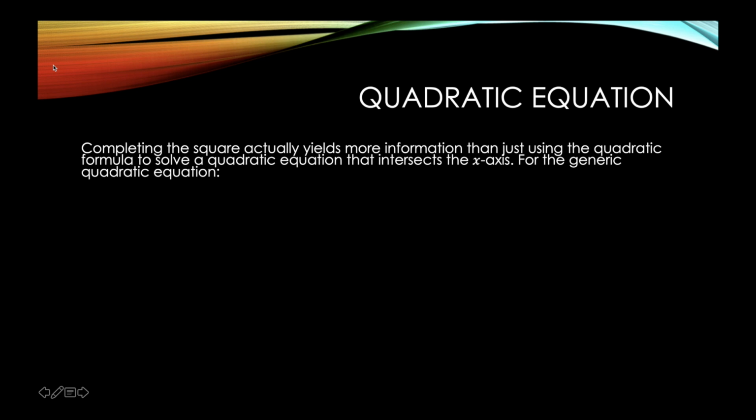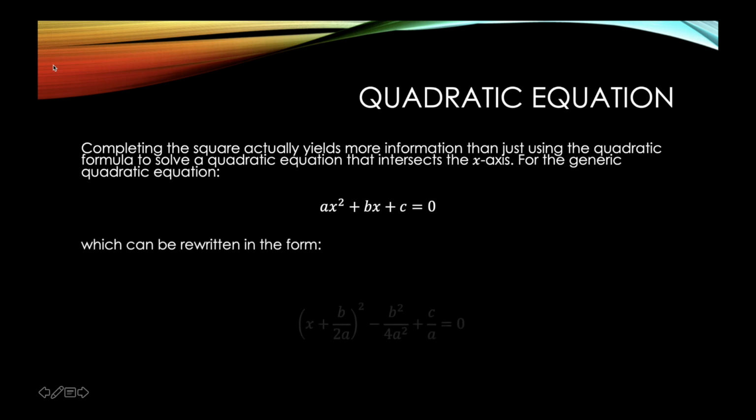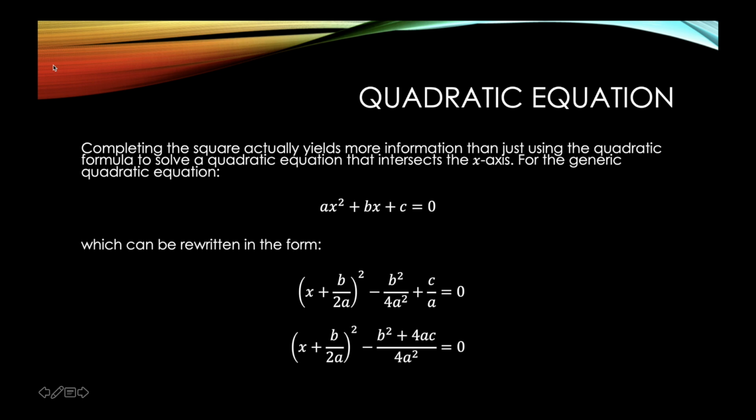Now, this means that when you complete the square, you can get more information than just solving the equation using the quadratic formula, because you get the extra component of the coordinates of the vertex. That means for any generic equation of the form ax squared plus bx plus c is equal to 0, you can rewrite this by completing the square into the form that we had earlier in the slide. If you collate the constant terms together, you get minus (b squared minus 4ac) divided by 4a squared.